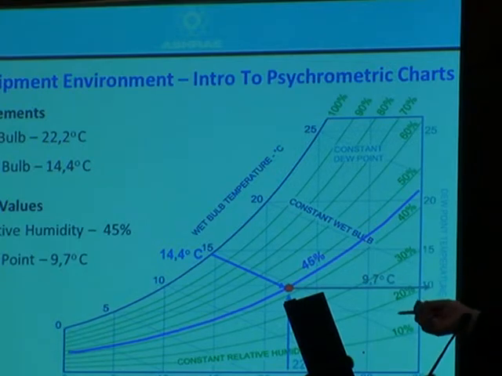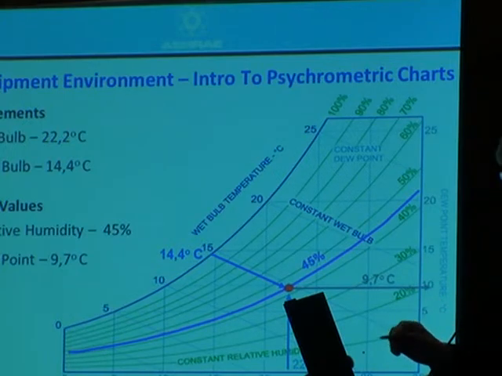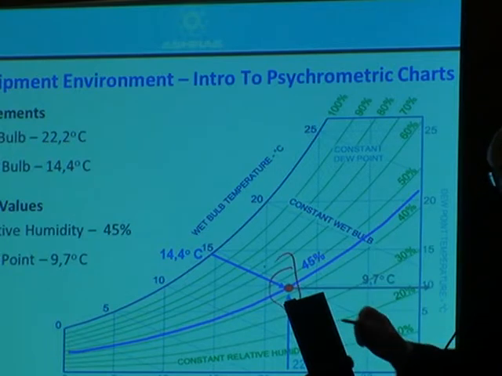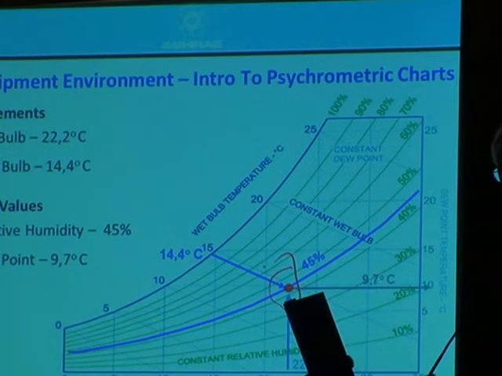Back in the 1980s, 1990s, and early 2000s, most data centers thought of this point as the temperature and humidity in a data center: 22C and 45% RH. And again, where do you measure that?